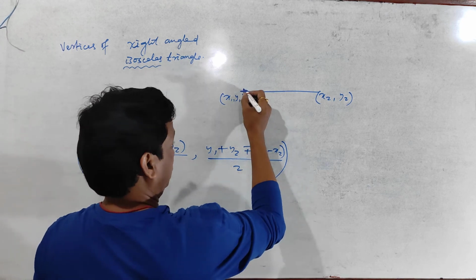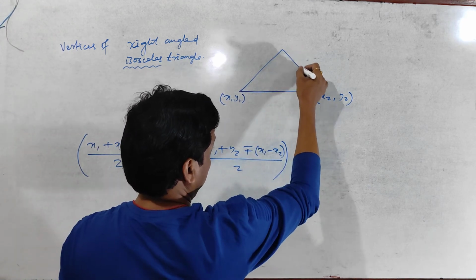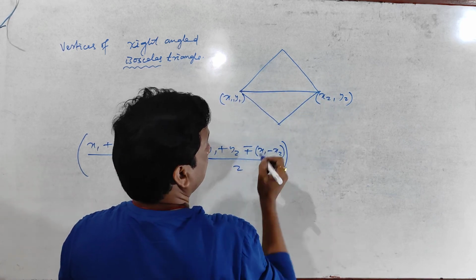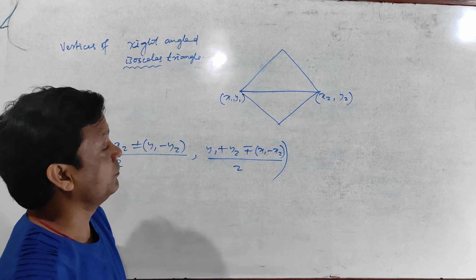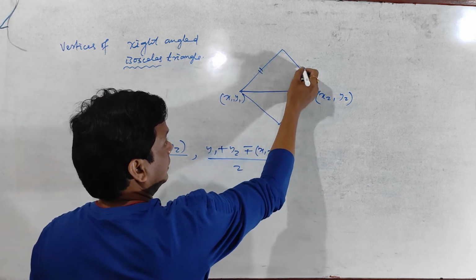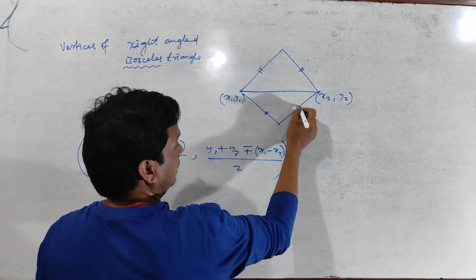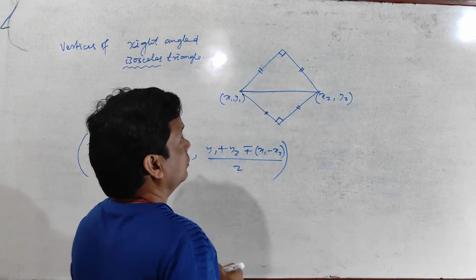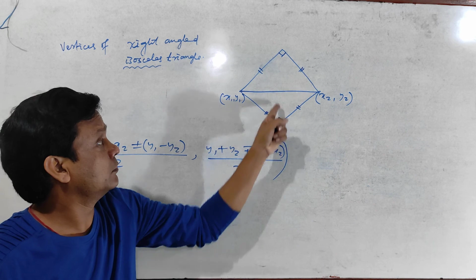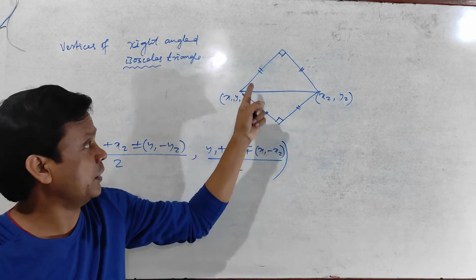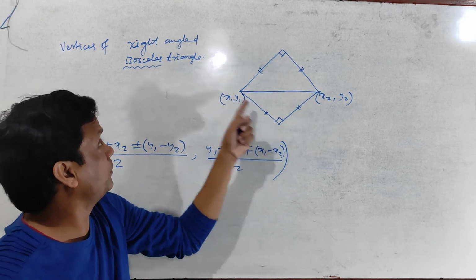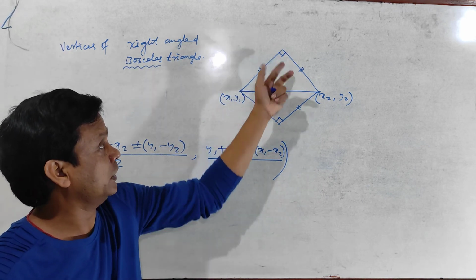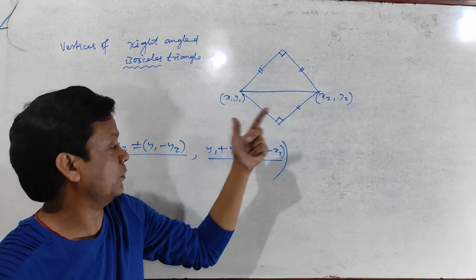Either like this, or you can draw like this. There will be two cases. Here two sides are equal, and this angle is 90 degrees. Here also two sides are equal and this angle is also 90 degrees. So there will be two cases, two vertices. If the hypotenuse is given, then to find the vertex of a right angle isosceles triangle, there will be two vertices, either in the upward direction or in the downward direction.